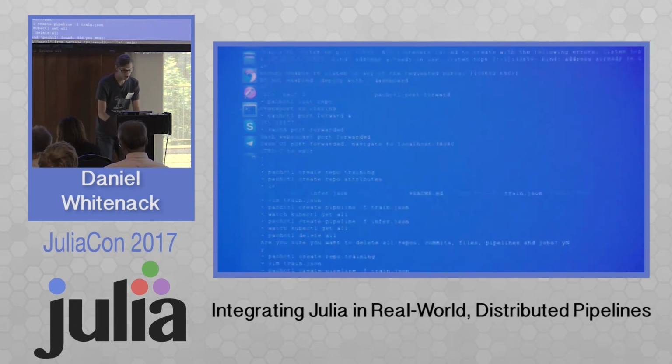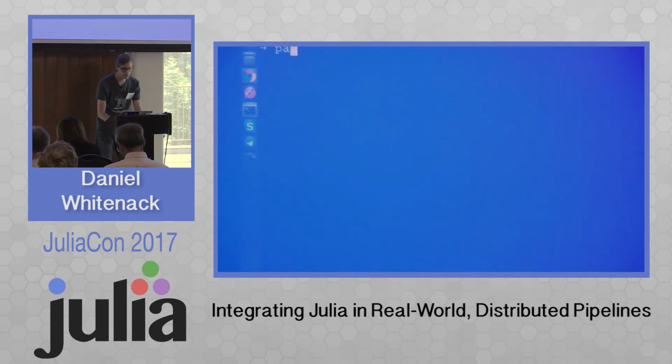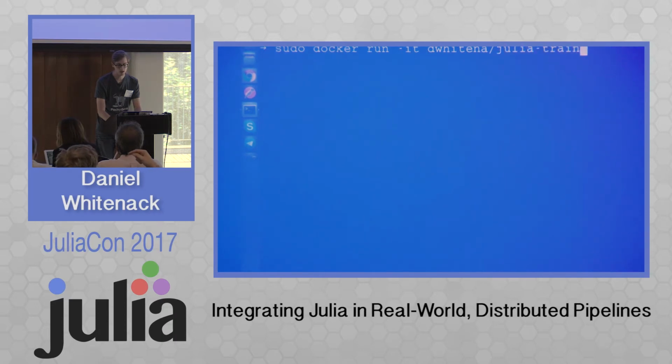Here I have this locally. I've already built this image, and the build command is in the README if you're interested. You just have to do docker build and so on. So now if you run it, here is the Julia train image, and I'm going to bash into this container to show you what it looks like.